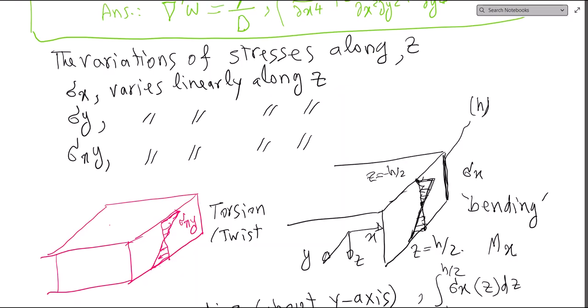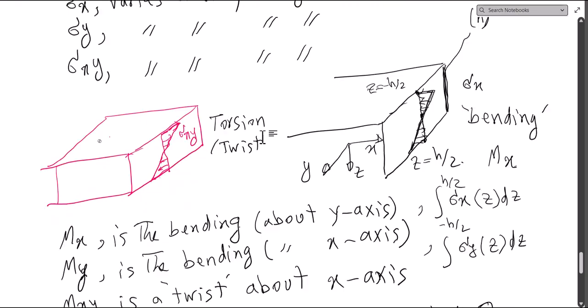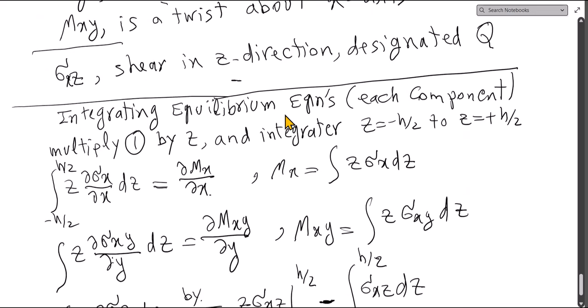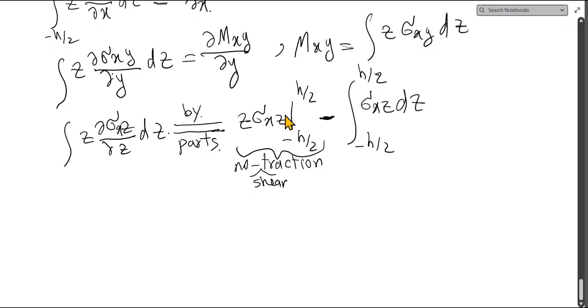I mentioned it somewhere here. Yes, here. Sigma xz, and there is another sigma xz for balance here, and similarly at the bottom. So these two should be equal for compatibility and complementary shear stresses. If there is no traction, that stress is zero.